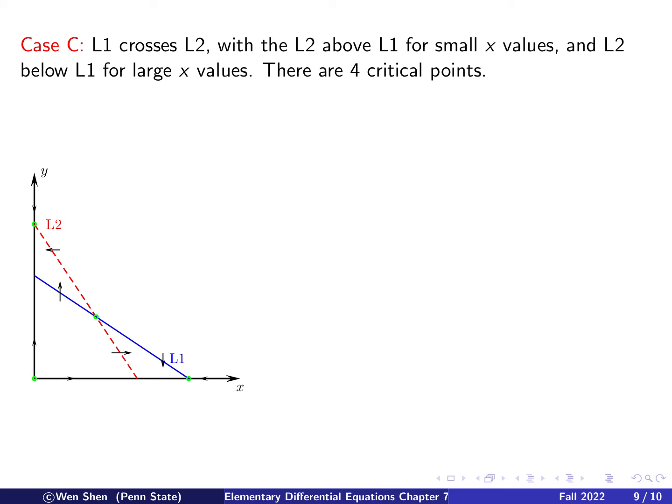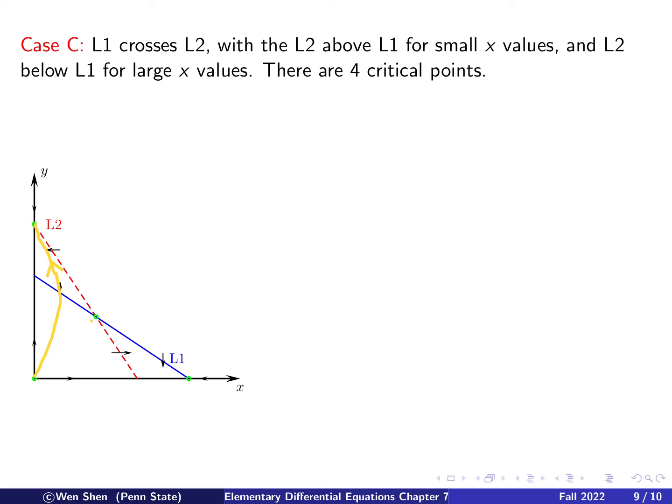And on the right, L2 is below L1, so x prime is bigger than 0, and the arrow points to the right. Okay, so now we see that in a neighborhood of this critical point, solutions actually go away. So imagine some solution over here. It would come from the origin, and then go up to that point.